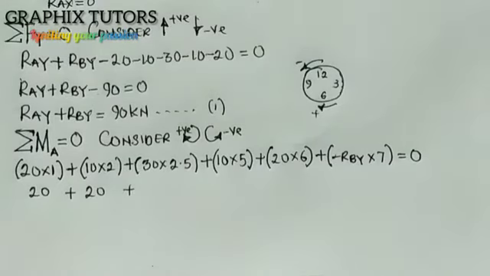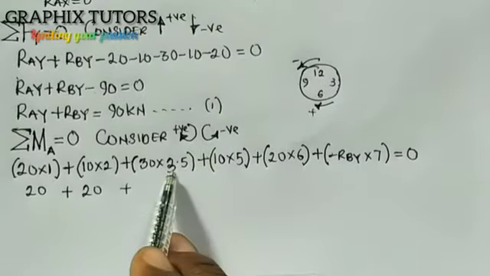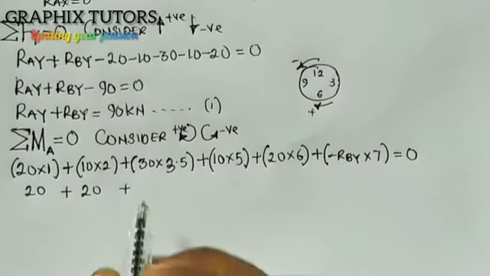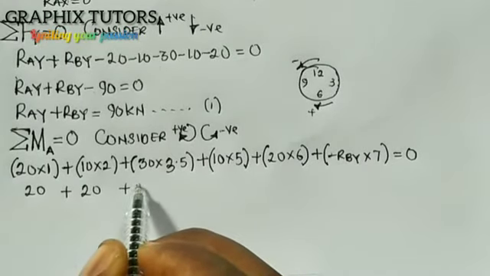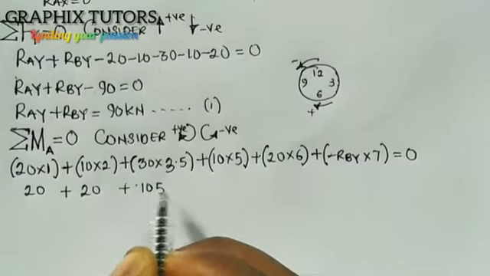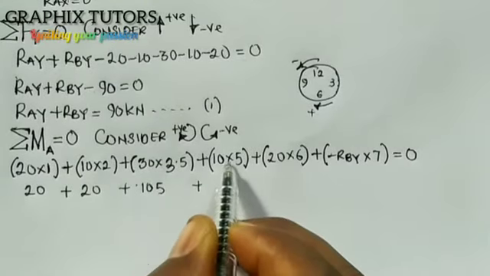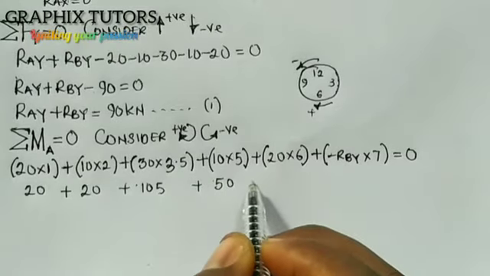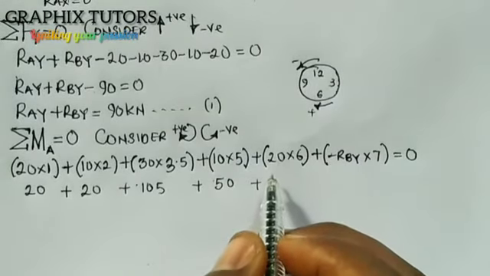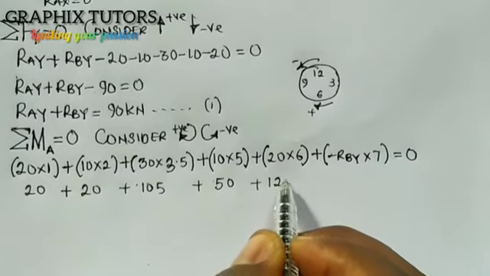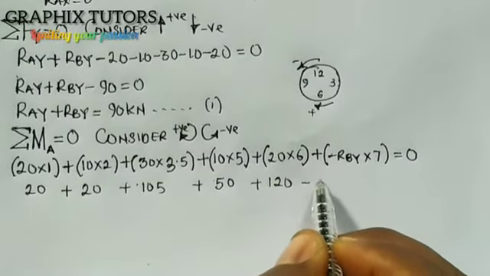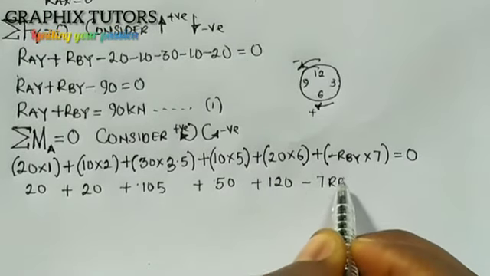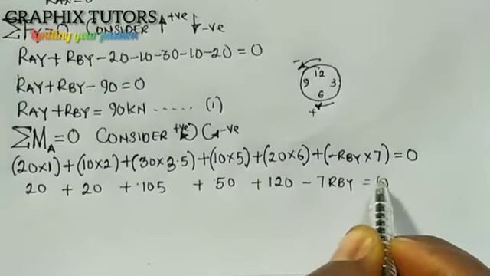So this is 3.5 here, times 30, and that will give us 105, plus 10 times 5 is what? 50, plus 6 times 20 is 120, then minus 7 ROBY equals to 0.